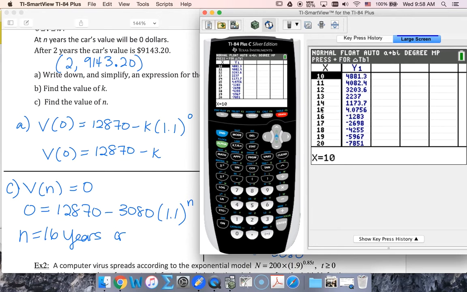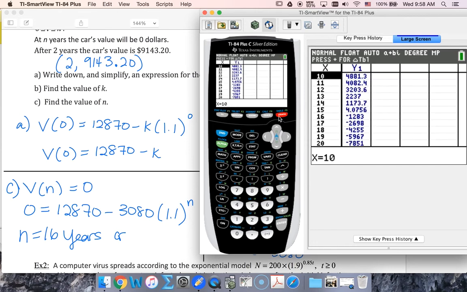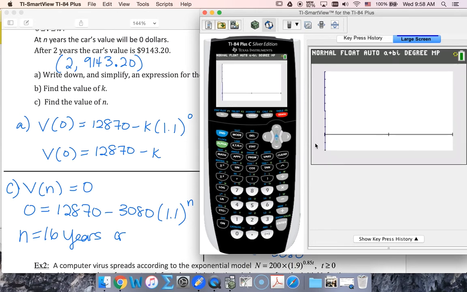So we were really close at 15 years. Let's change my window to help me out a bit more here. My minimum, we don't need to go down to the -1,000. We know it's really close to 15. So let's just go -1 and then make this 4. And now we can count by halves. Oops, graph. Okay, now since we're so zoomed in, it's so close to 15.